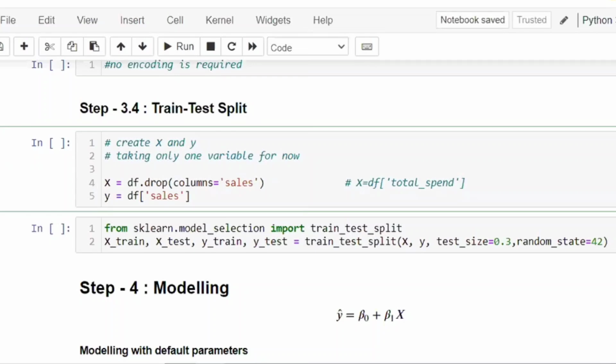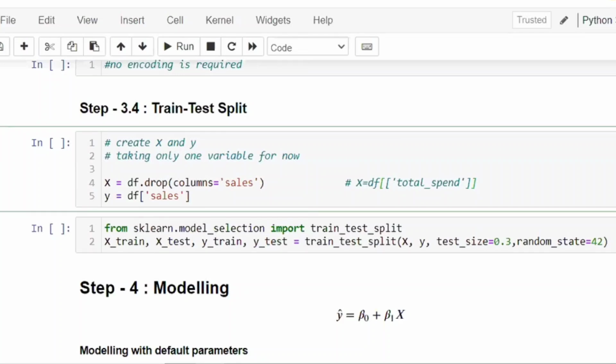But remember, the X should be two-dimensional. Otherwise, it is not going to accept. It should be two-dimensional. So whatever X you are going to consider, inside the X you have to keep a list of X values. Though it is a single column also, only a list you have to consider.